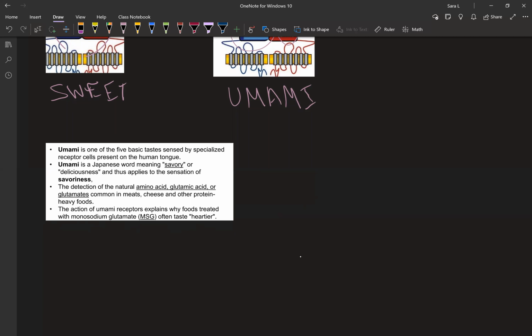Where the sweet receptors deal more with different sweet molecules, like alcohols, different types of sugars, or even artificial sweeteners, this one deals a lot with acids, amino acids, and glutamate. These are a lot of our protein-based nutrients, things that we're going to see in different meats, cheeses, and other protein-heavy foods.